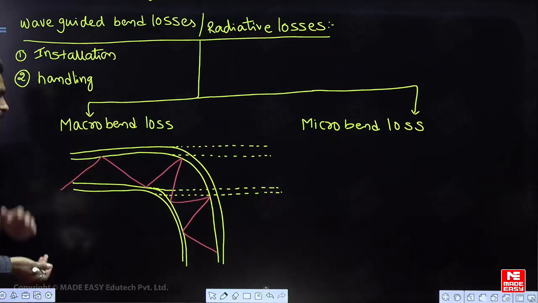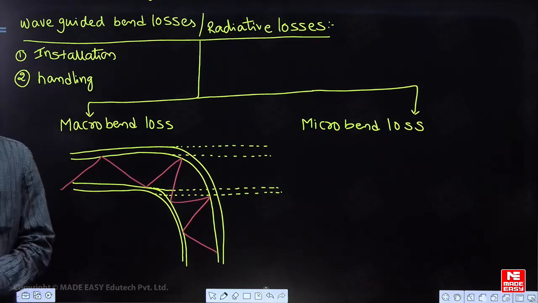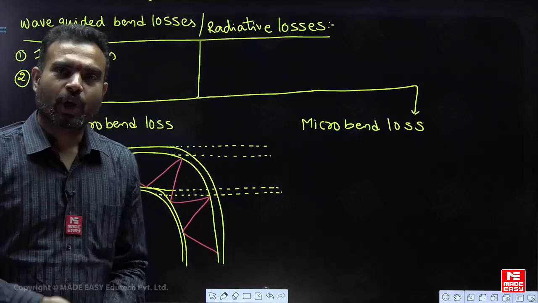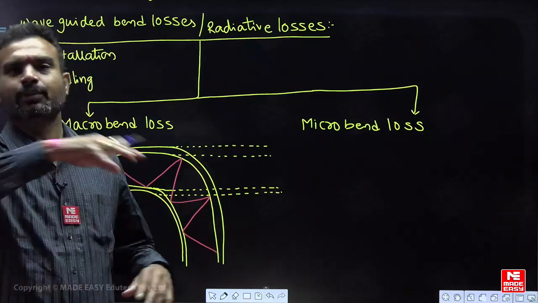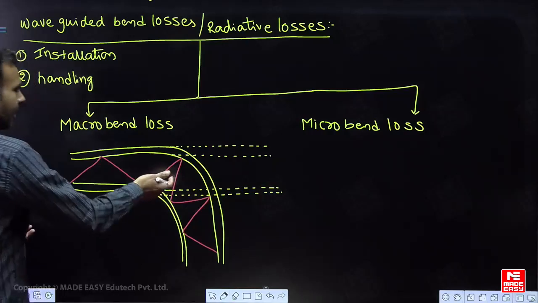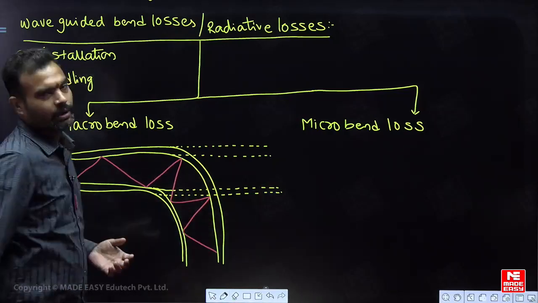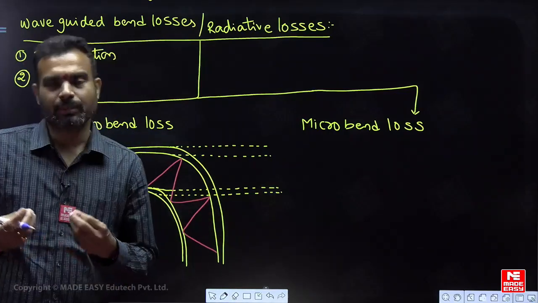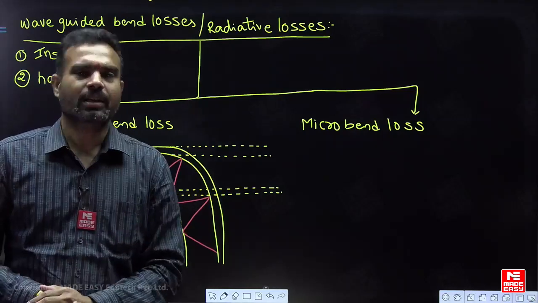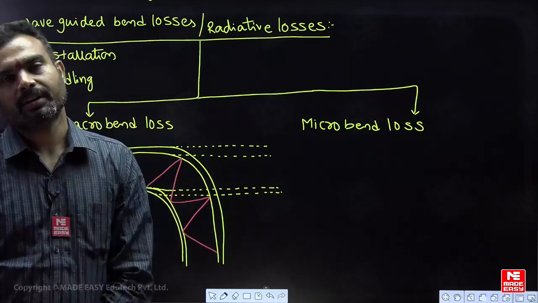So, this is one important thing you need to understand while handling or installing: you cannot bend your fiber as you choose. Because of that bending, the light rays may get multiple reflections, more TIRs, and some loss, or the light ray may escape through the cladding and be completely lost.